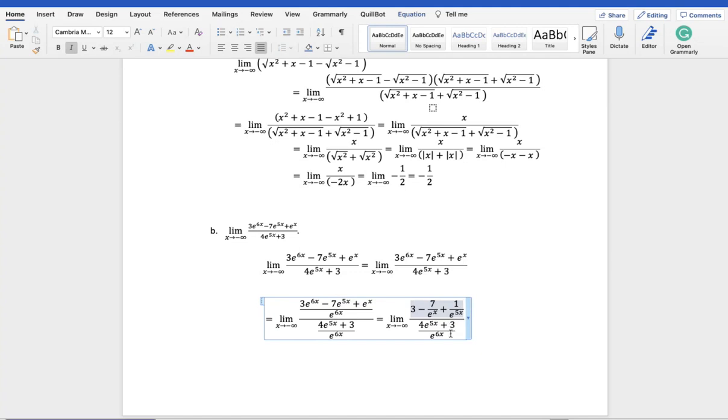And then in the denominator, you would get 4 divided by e to the x, right? Plus 3 divided by e to the 6x, right?